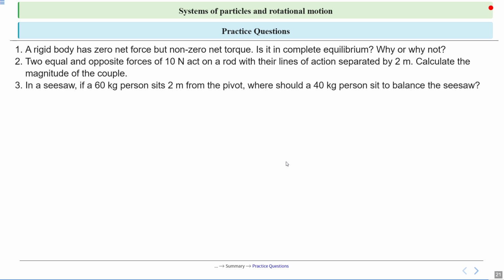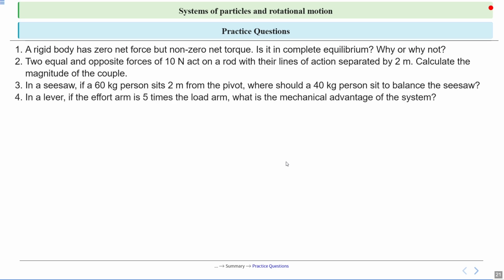Third, in a seesaw, if a 60 kg person sits 2 meter from the pivot, where should a 40 kg person sit to balance the seesaw? Fourth, in a lever, if the effort arm is 5 times the load arm, what is the mechanical advantage of the system?